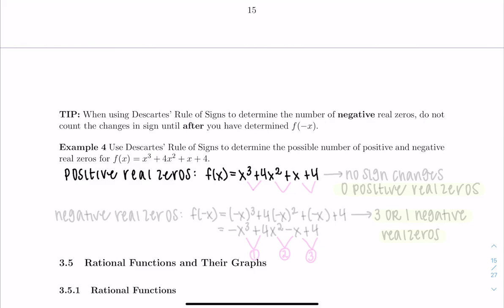and we look at the sign changes. So from x cubed to 4x squared, that's positive to positive. From 4x squared to x, that's also positive to positive. And x to 4, those are both positives. Every single sign on the terms here is positive, so there are no sign changes.